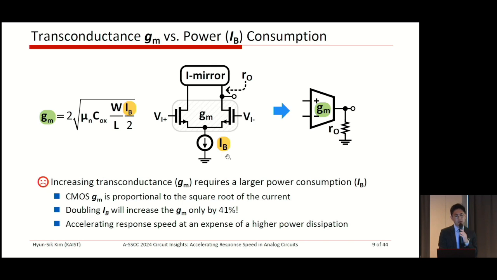So doubling IB to increase the transconductance will increase GM by only 41%, right? So this is actually a very inefficient way to increase GM by just increasing the current. So we can conclude that increasing transconductance requires larger power consumption, right? Therefore, we can recognize that transient response is a trade-off with power consumption.